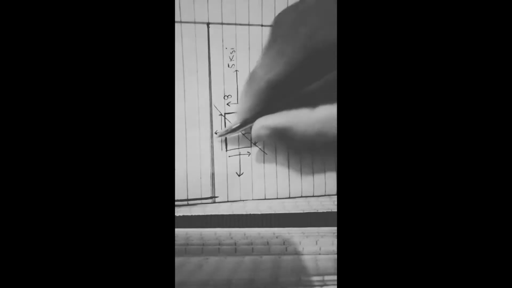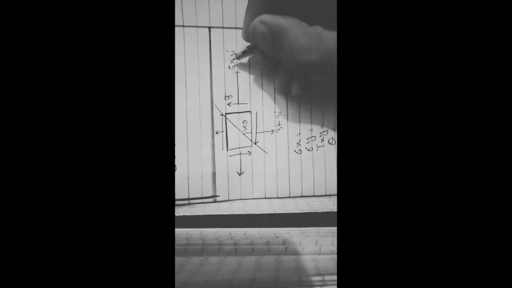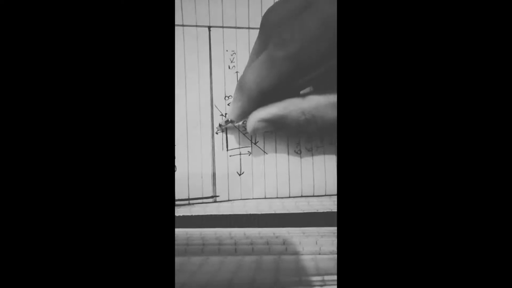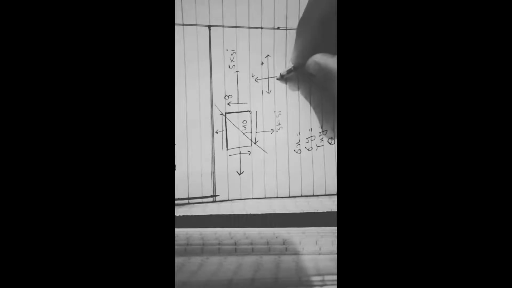On the faces, force on the right will be positive and force on the left will be negative, and force on the upward will be positive and force on the downward will be negative.